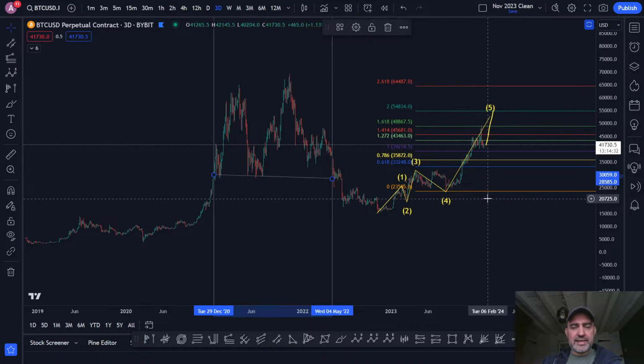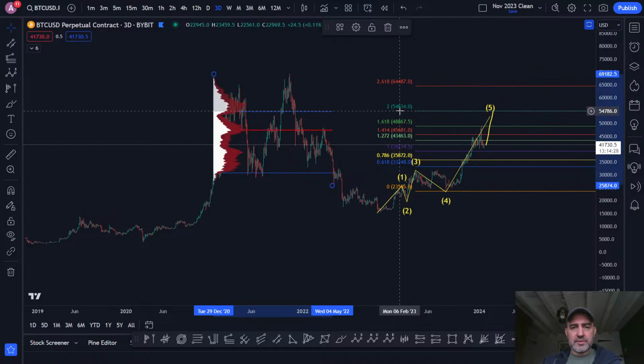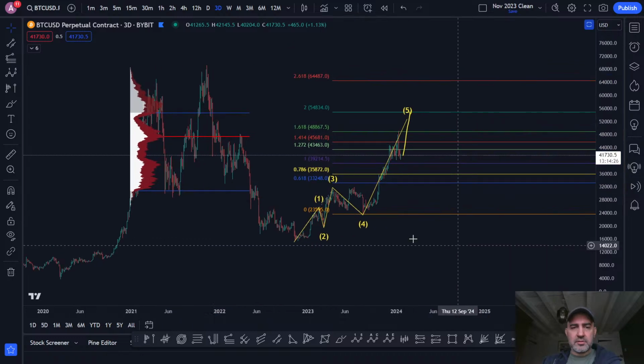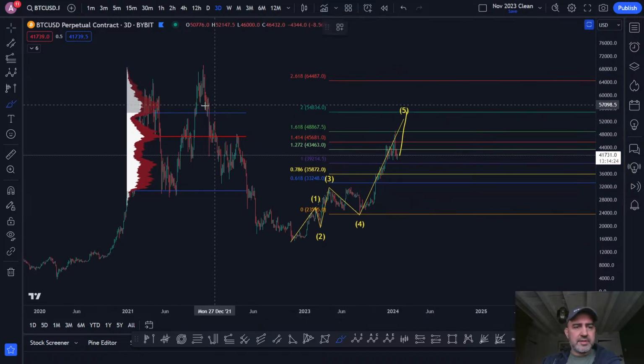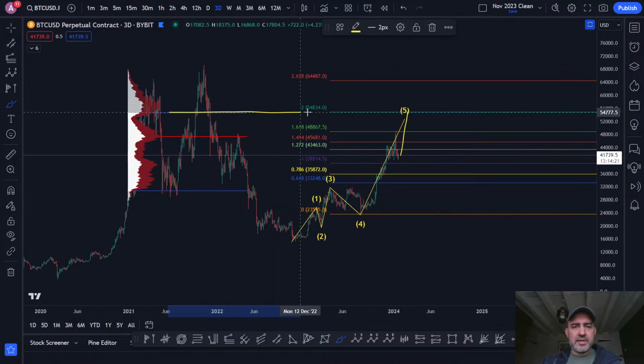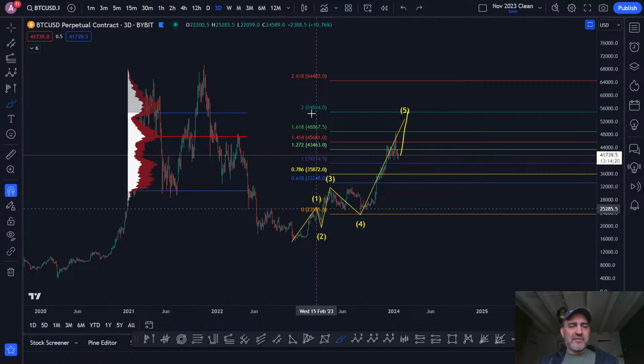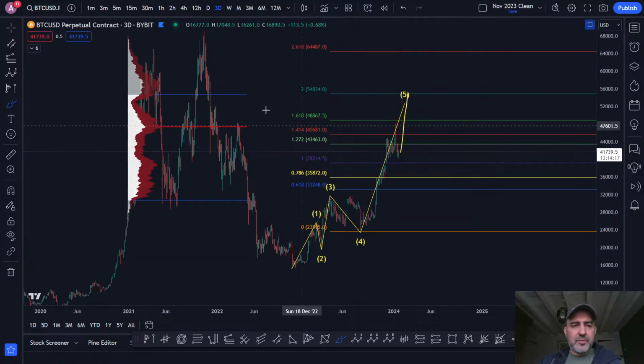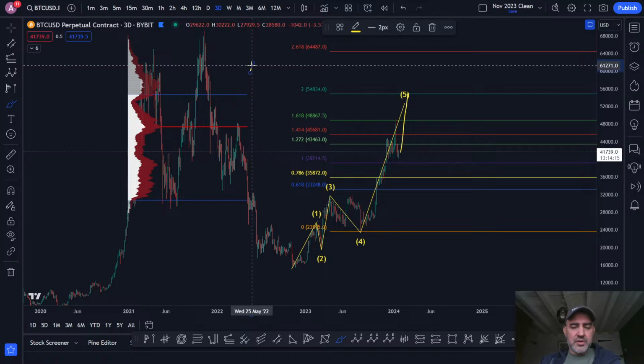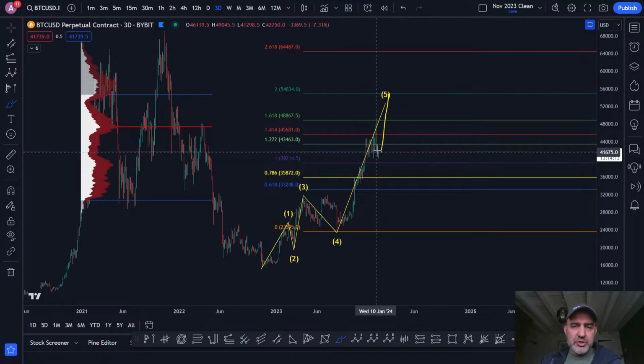So if I draw that again, here, see that blue line? That would line up with the previous value area high of the bull market. So if we do go up, that would be the target for Bitcoin, and then we would see a correction.